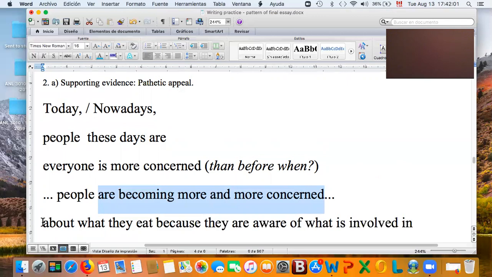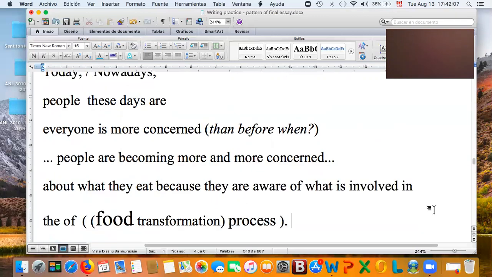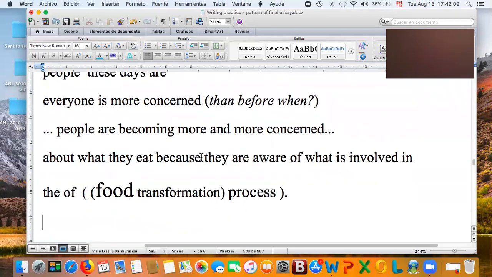And what are they becoming more and more concerned about? About what they eat. And why is that? They're more and more concerned about what they eat because they are aware of what is involved in the food transformation process. Well, actually, this part here was my suggestion.